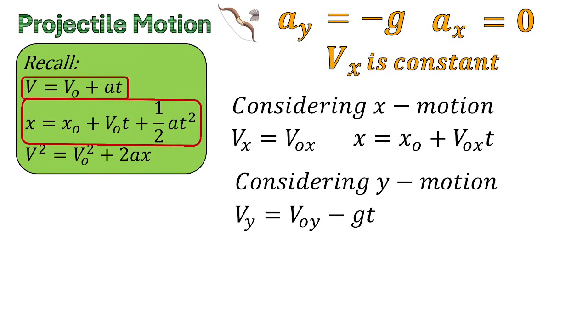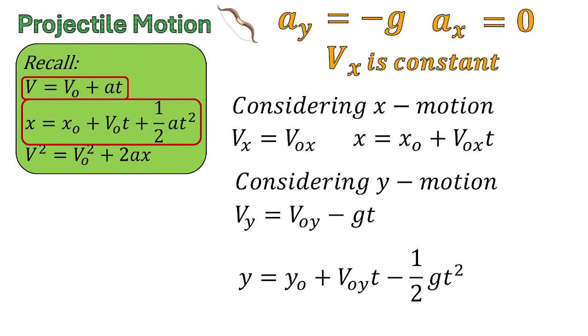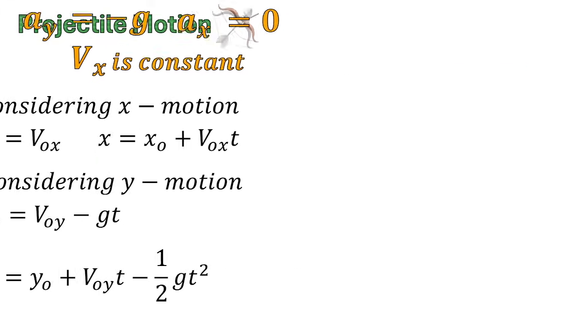Then we have this one next: y is equal to y naught plus V naught y t minus 1 half gt squared. So those are our derived formulas using the given conditions: ay is equal to negative g, ax is equal to 0, and Vx is constant. Let's move on to another illustration for our projectile motion.